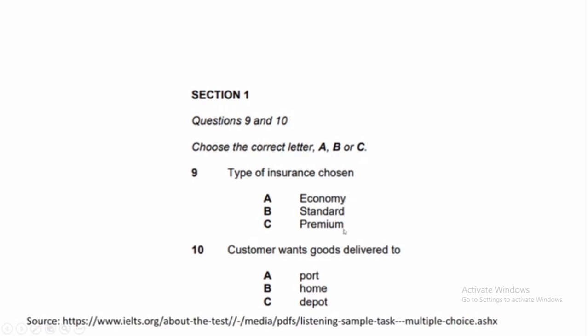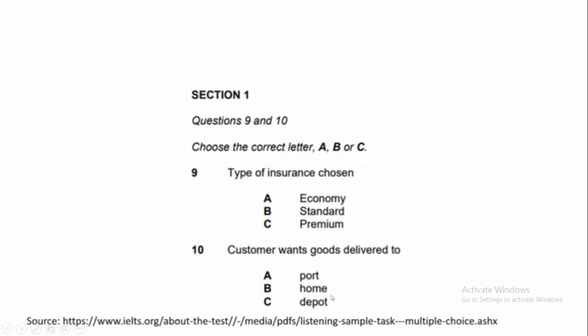Premium means you get more service, costs more money, it's more like a VIP type of service. Economy and standard are kind of the lowest standard if you're given a choice of different services, and they cost the least amount of money. So it's really important that you think about the difference between the meaning of these different ones. All right. Same with here.